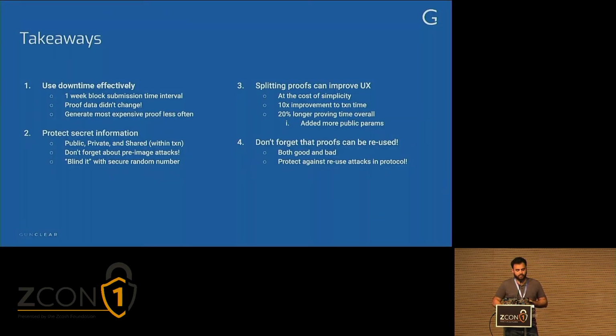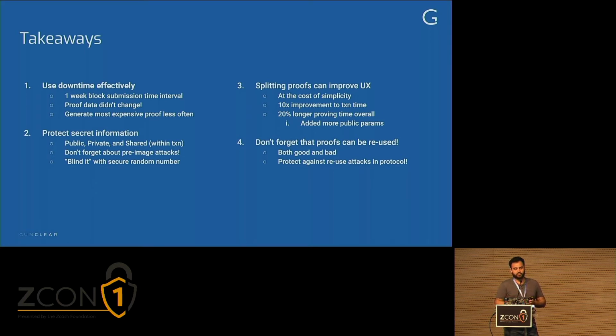So in summary, I went over some of the tips and tricks we used to help secure our protocol and improve the user experience overall. Some of the takeaways from this are that it's important to find the inefficient parts of the proof system and leverage some of the downtime inherent in the transaction in order to improve overall user experience.